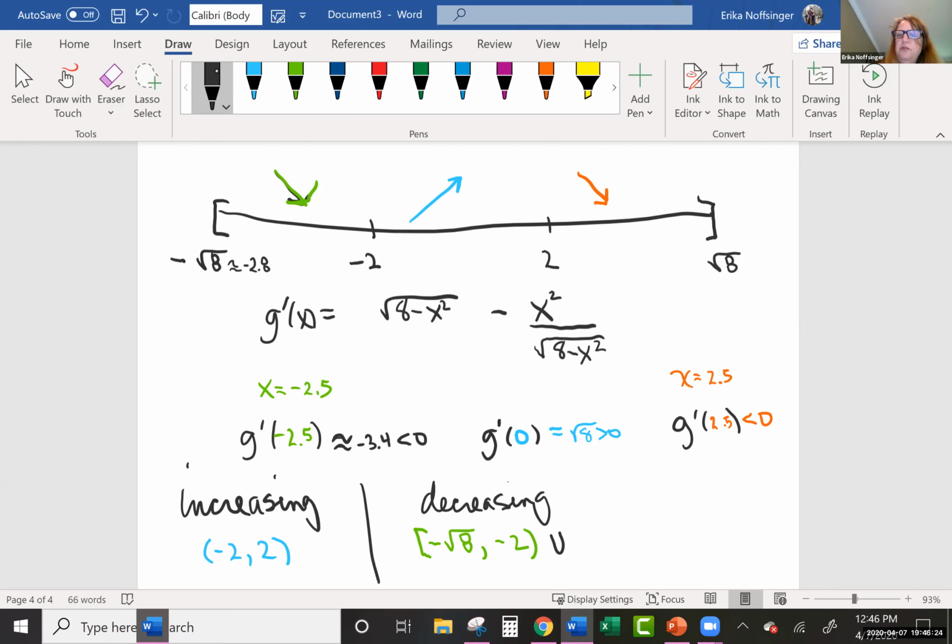It's also decreasing at 2, but it's starting not at the endpoint of our interval. So it's a parenthesis 2, comma, square root of 8, but bracket because we're stopping at square root of 8 in our part of our domain.